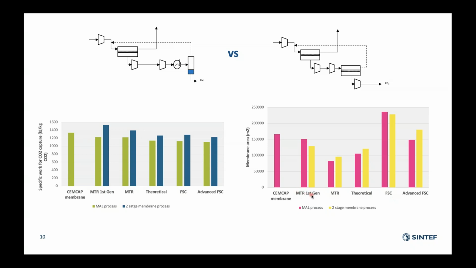It's 2.7 in the case of the MTR first generation and 2 in the case of FSC. And this means that when you talk about cases with low permeance, the two-stage membrane has slightly lower membrane area than a membrane-assisted liquefaction process.